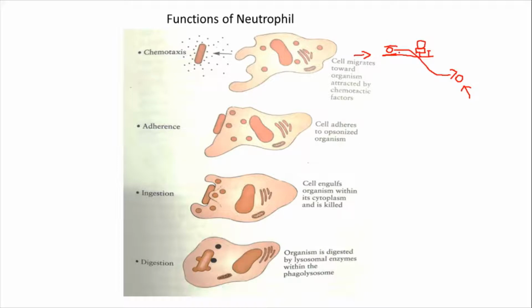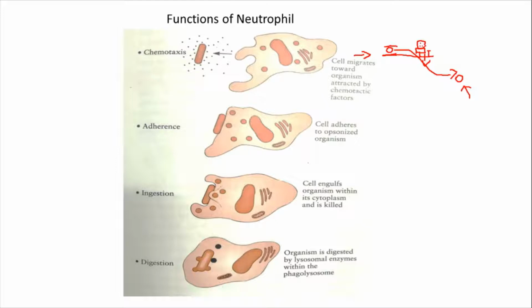After expression on the endothelial cell, the neutrophils get attracted. Following attraction, the neutrophils produce vasoactive substances. These chemotactic substances increase the permeability of the blood vessels, including endothelial cells.